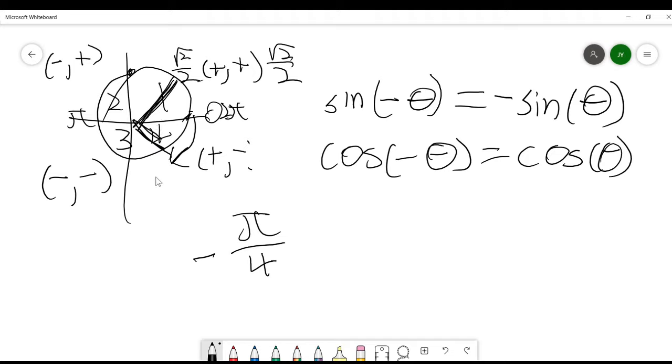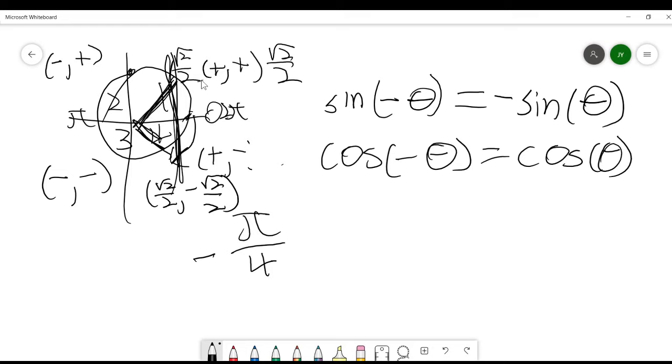The coordinates for this point are square root of 2 over 2 and negative square root of 2 over 2. Now where are we? We mentioned earlier that sine is the y value and cosine is the x value, right? Even if you go here, because you just go backwards, the x value doesn't change.